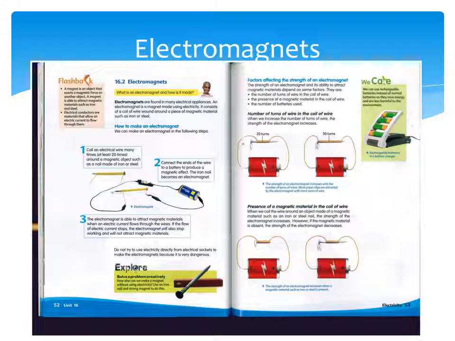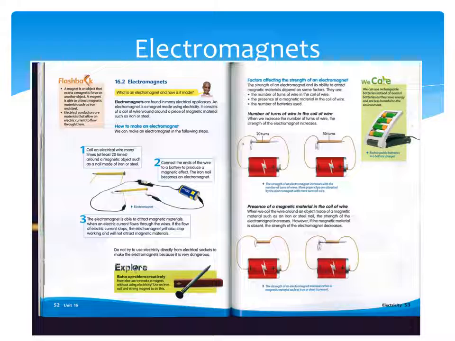Look at the picture at the bottom. In the top picture, you have an iron nail which has magnetic property, which can attract a magnet, and the current flows through it. Whereas in the bottom picture, the nail is absent in one of the pictures, and in the other picture, the nail is present.